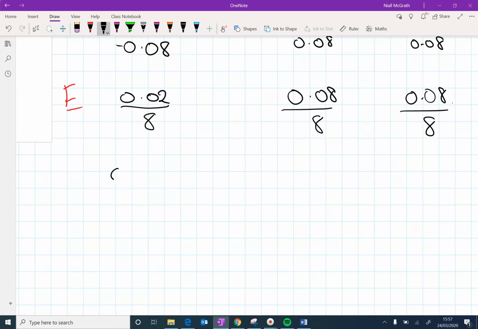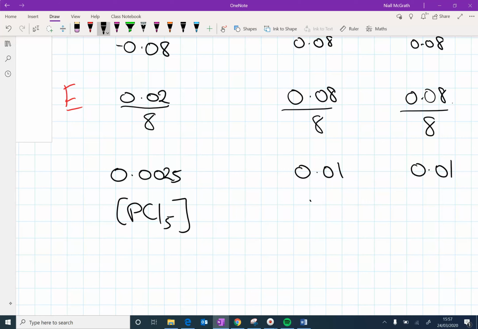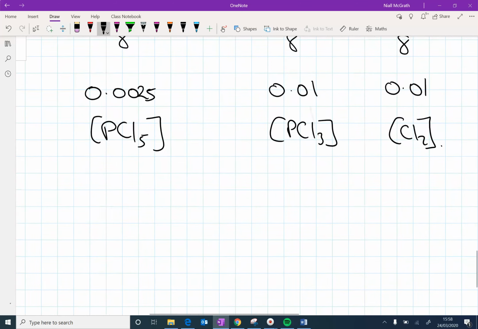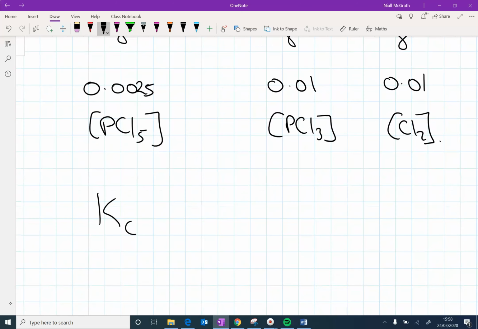So that is going to give you 0.0025 moles, 0.01 moles, and 0.01 moles. So that is the concentration of PCl5, PCl3, and Cl2.